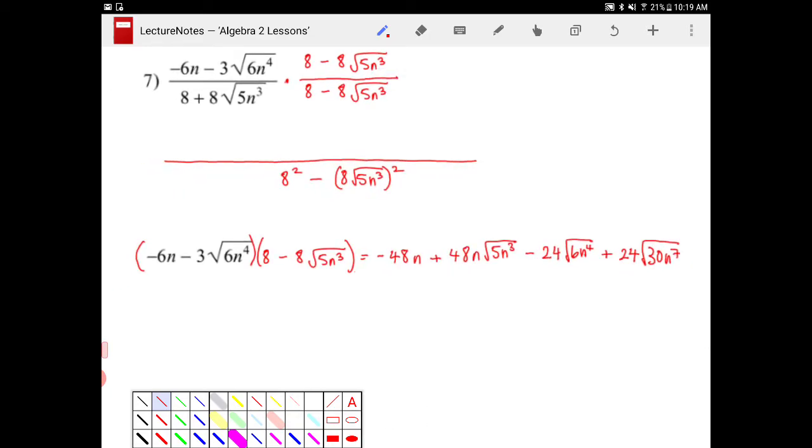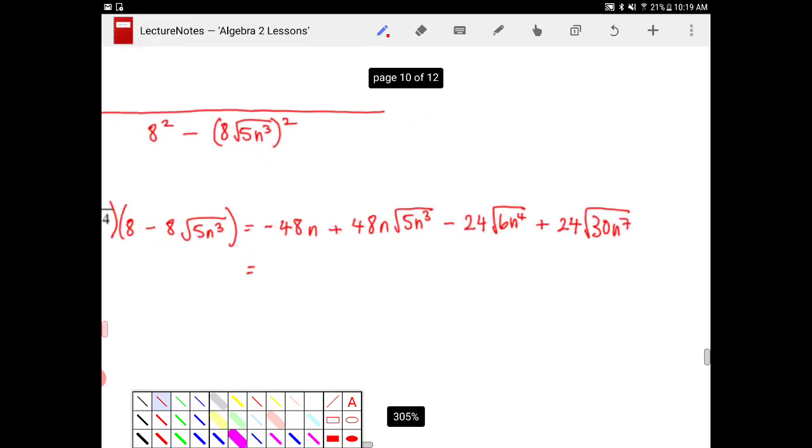And can I reduce any of the terms with this? I absolutely can. So this is negative 48n plus that 48n radical 5n cubed becomes 48n squared radical 5n. The 6n to the fourth, right?